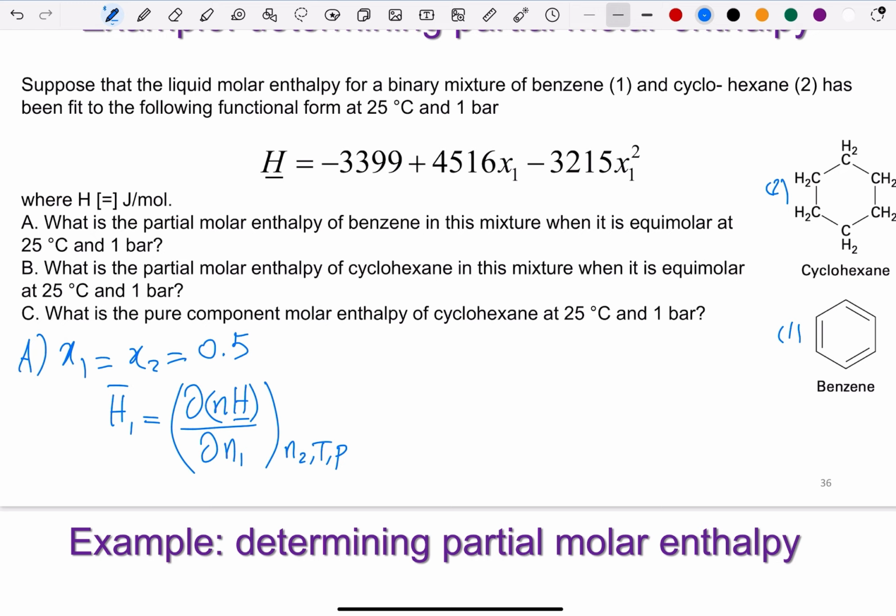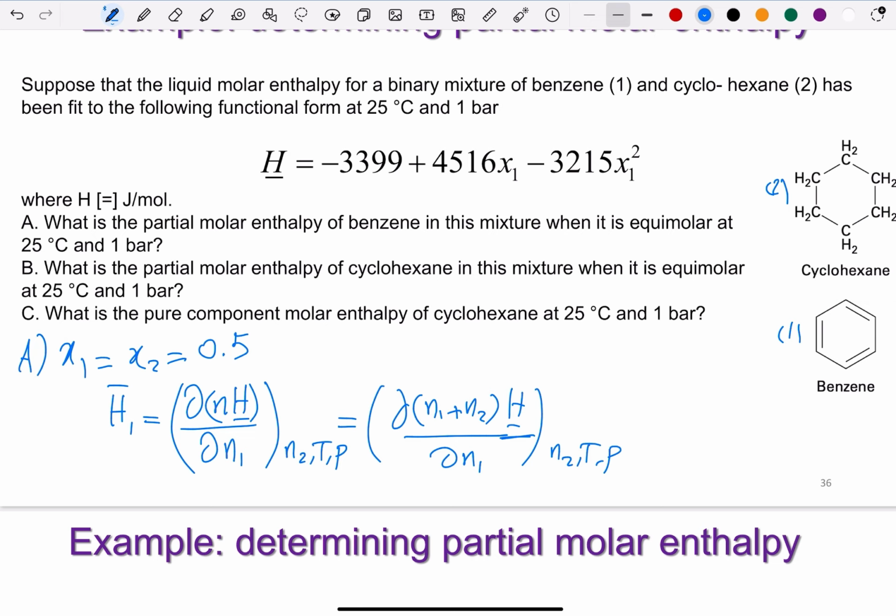So what is N? It's the total number of moles, right? I'm calculating the derivative with respect to N1, right? So what I'm going to do is write this as N1 plus N2 times H, because N itself depends on N1. Do you see that?